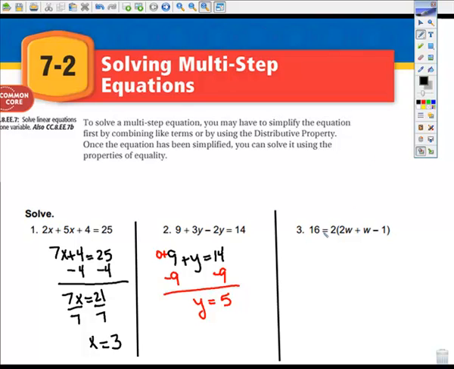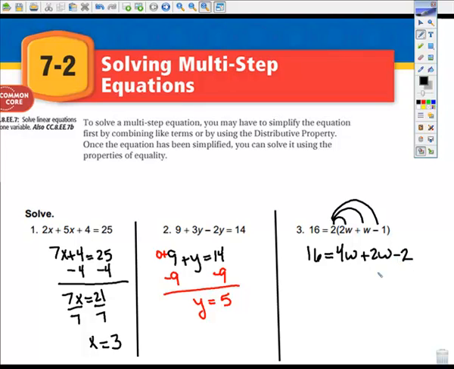In this problem we have the distributive property set up for us. So we'll distribute the 2 to every term in the parentheses. So 16 equals 2 times 2w is 4w, 2 times 1w is 2w, 2 times, I look at this as a negative 1, and then I bring down subtract 2.